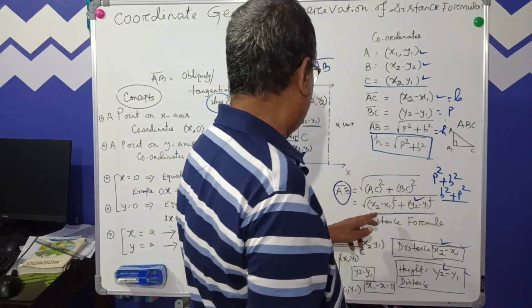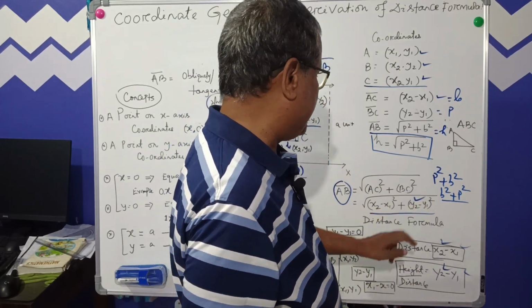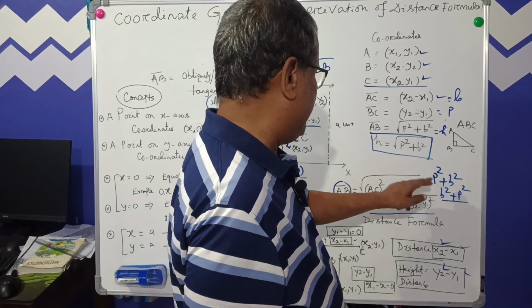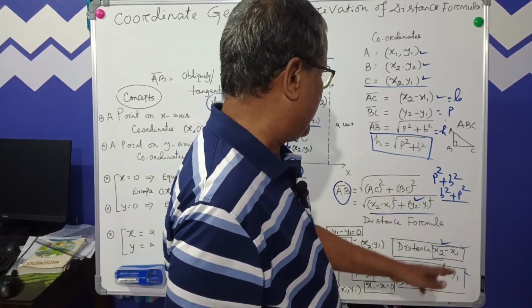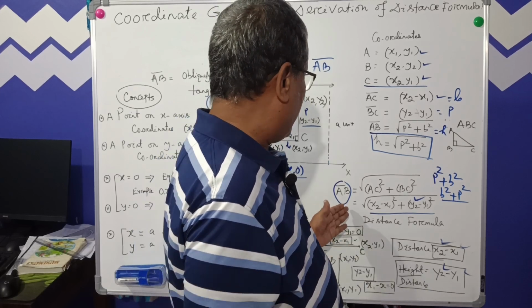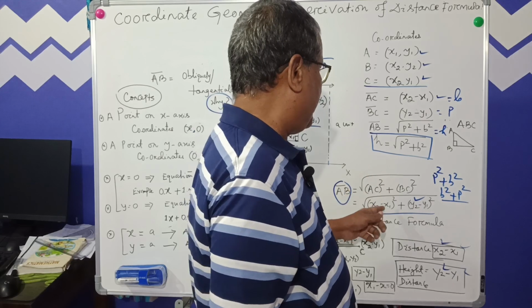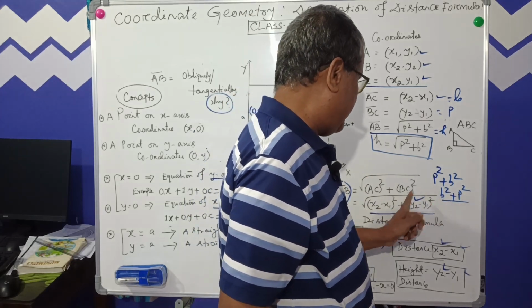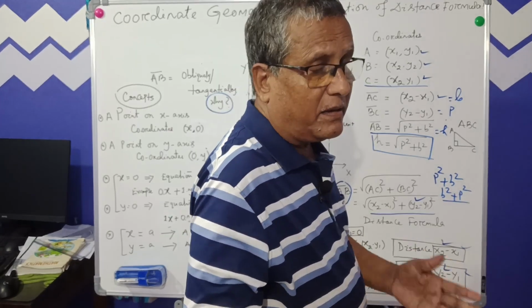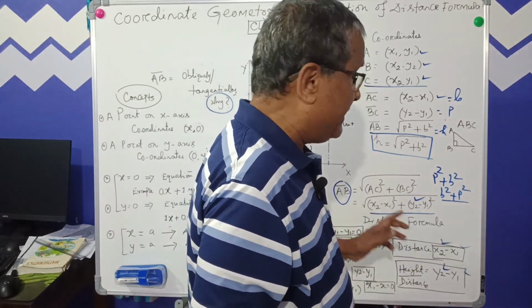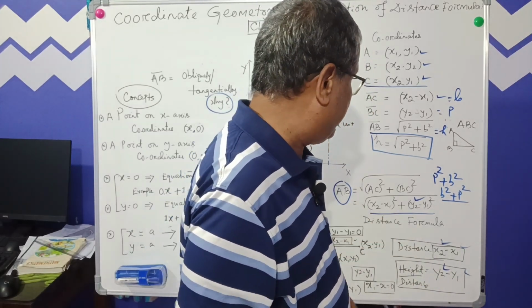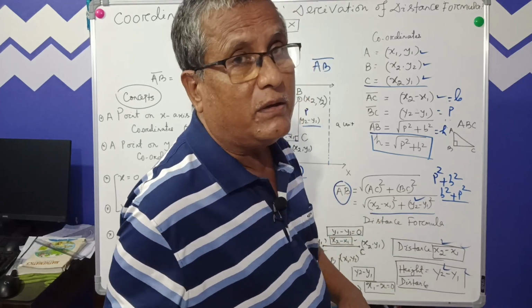So AB equals the square root of base square plus perpendicular square. That is the distance formula of AB. So by putting the values of the perpendicular square and base square and finding the root of their sum, we can find the AB distance.